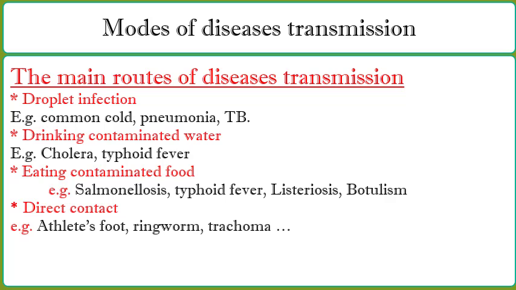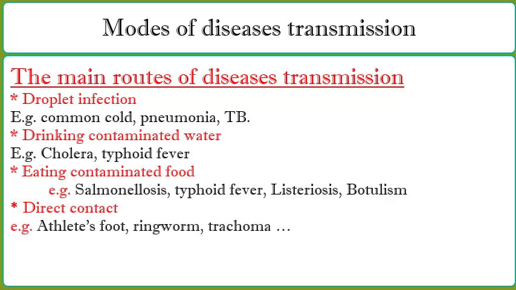The main routes of disease transmission are, the first one, droplet infection. This is the route in which airborne disease passes from an infected host to a healthy host. Example, common cold, pneumonia, and TB. The second route is drinking contaminated water.